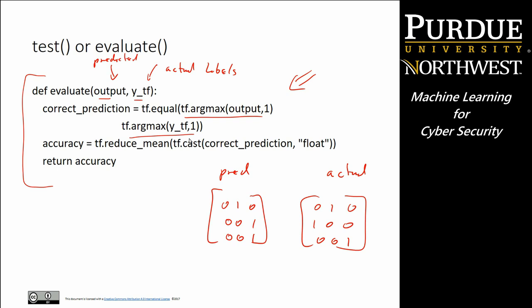So what are these two functions doing? tf.argmax of output. Which one is output here? This one. And which one is y_tf, the real? That one, correct?